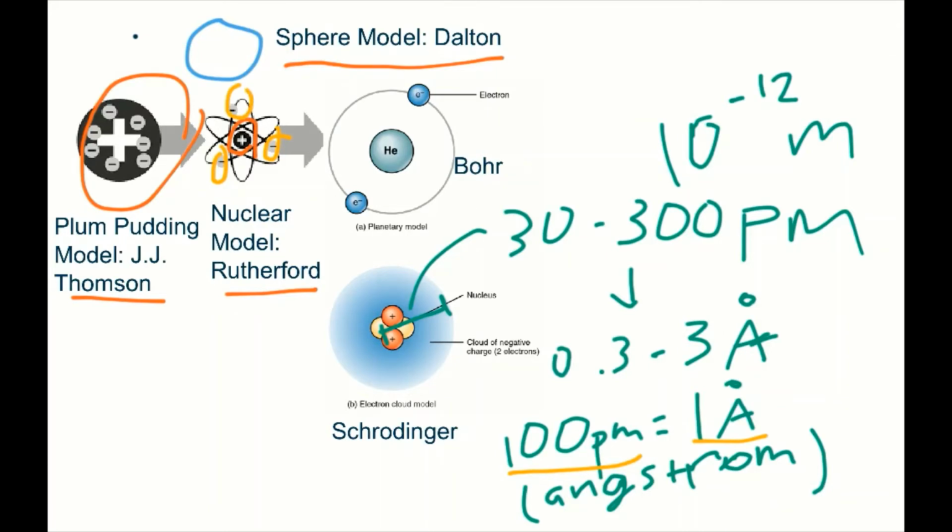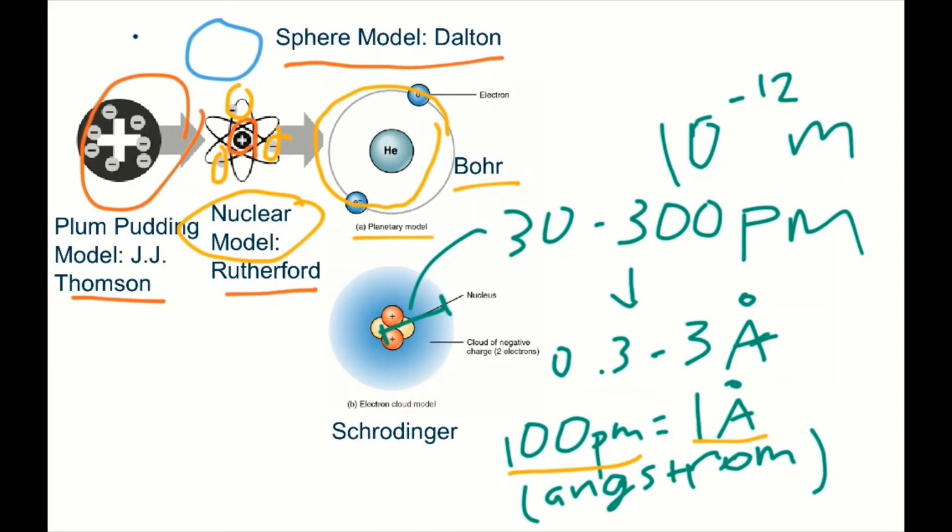So this model is called the nuclear model. Now we get into 1913, where Niels Bohr created the planetary model. It was basically Rutherford's model, but the electrons don't just move randomly. They actually move in orbits, such as the circle right here, with certain amounts of energy.